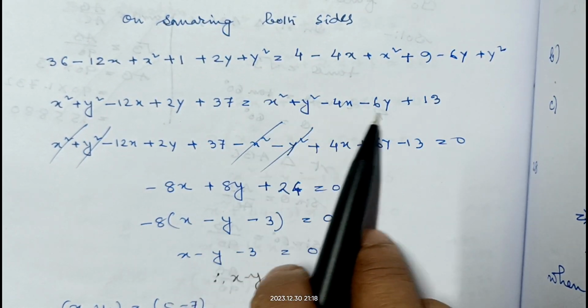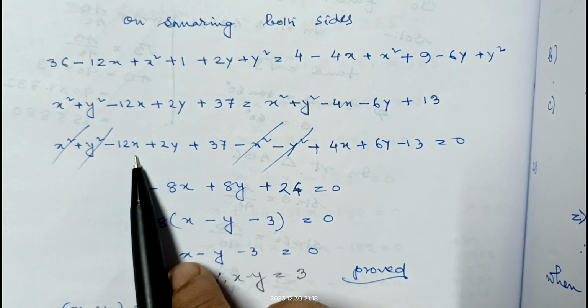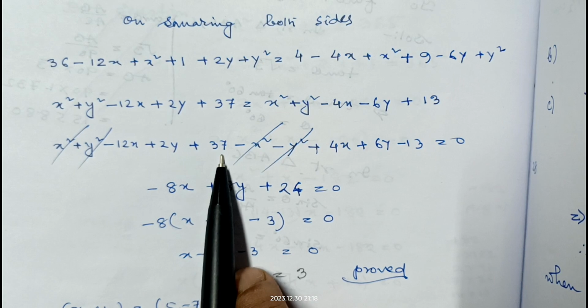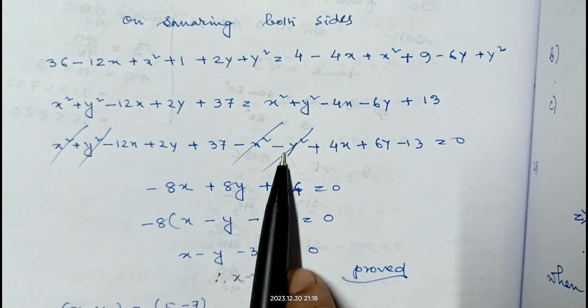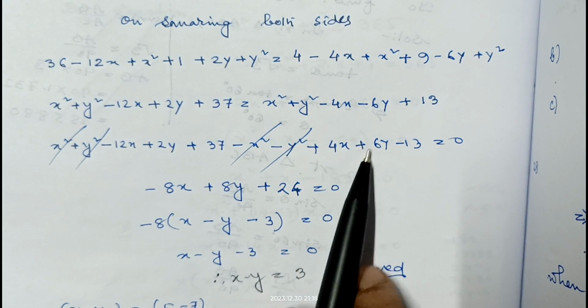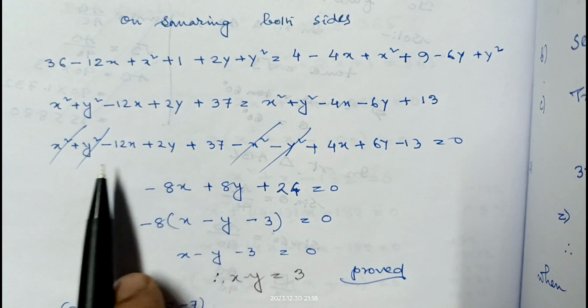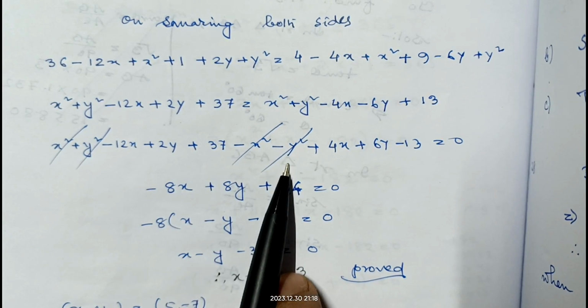Now if you transfer all these terms to the left hand side, x square plus y square minus 12x plus 2y plus 37 minus x square minus y square. This minus will become plus, this will become plus, this will become minus. X square minus x square can be cancelled, y square minus y square also can be cancelled.